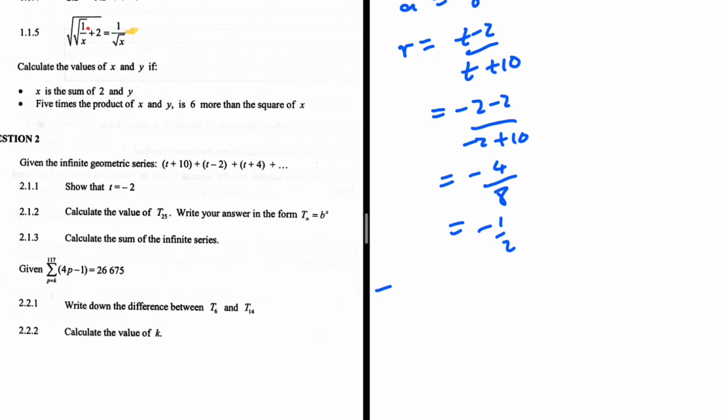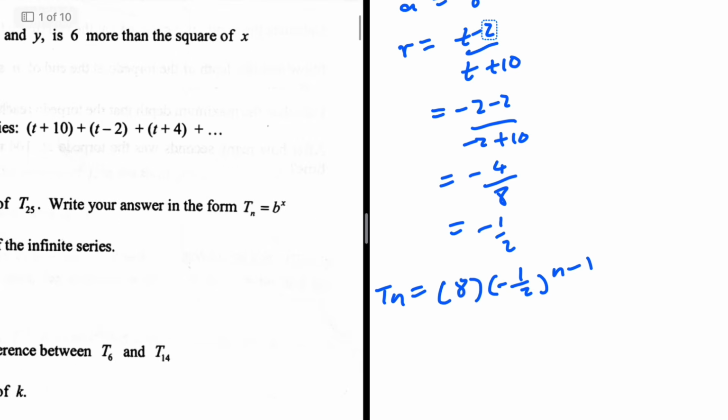So we have tn being equal to a, which is 8, multiplied by r, which is minus 1 over 2 to the n minus 1. So if you take a look at the form which we're interested in, we have one base, which is b, but we have 8 and minus 1 over 2. So we need to write 8 as minus 1 over 2, obviously.